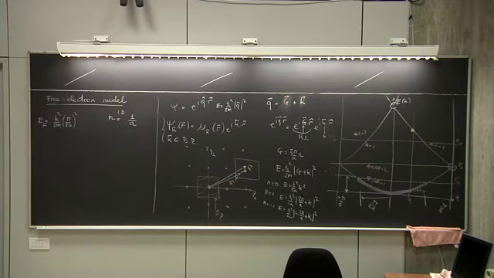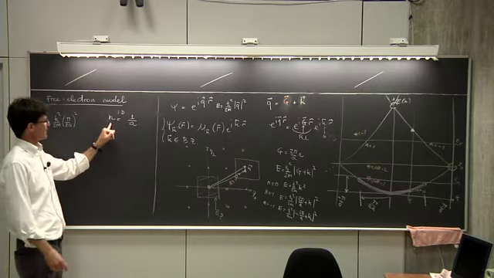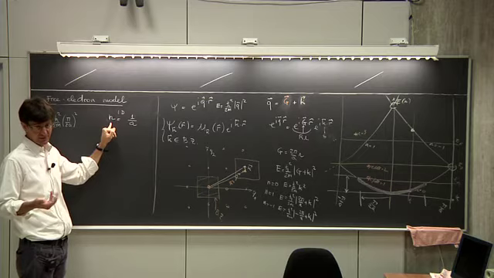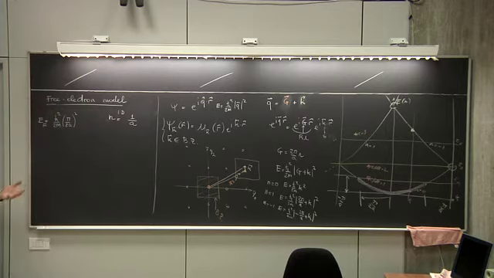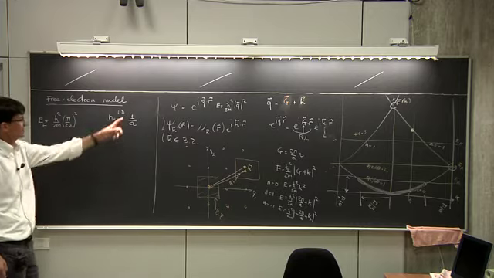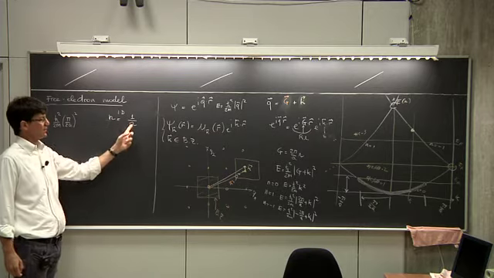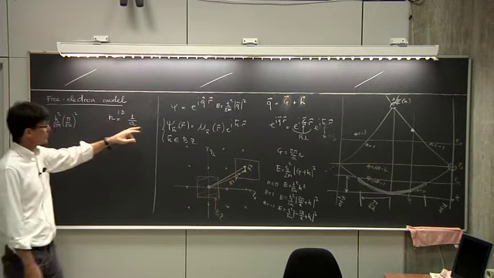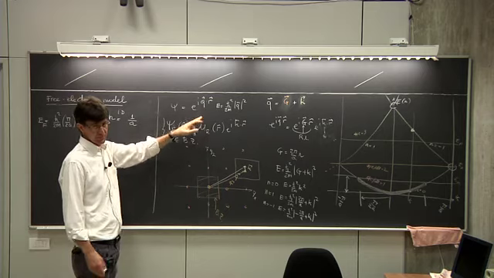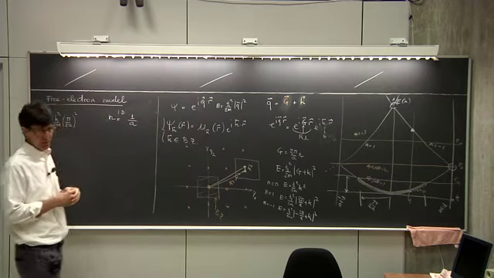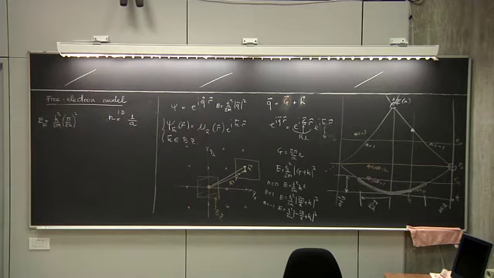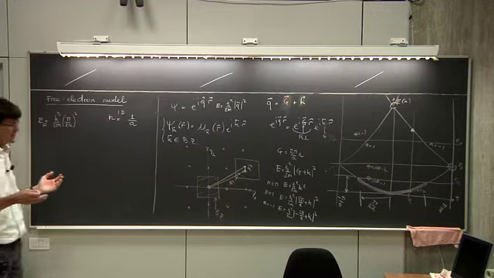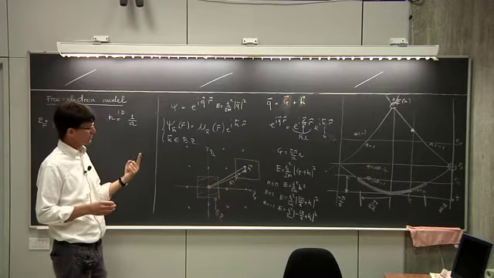Now, the density in 1 dimension has the dimension of 1 over a length. In 3 dimensions, it's 1 over a length cubed. And since I have 1 electron per unit cell, the density of electrons is 1 over a. Notice that this is a constant density because our solutions are plane waves. So the square modulus of a plane wave is a constant, is 1, right? So it's a constant density. And we have 1 electron per cell.